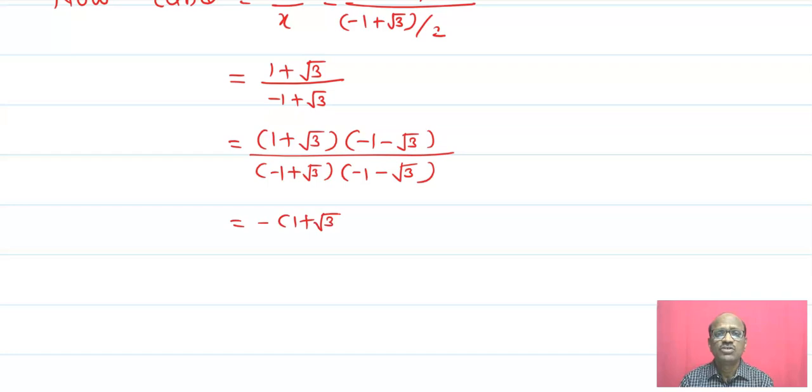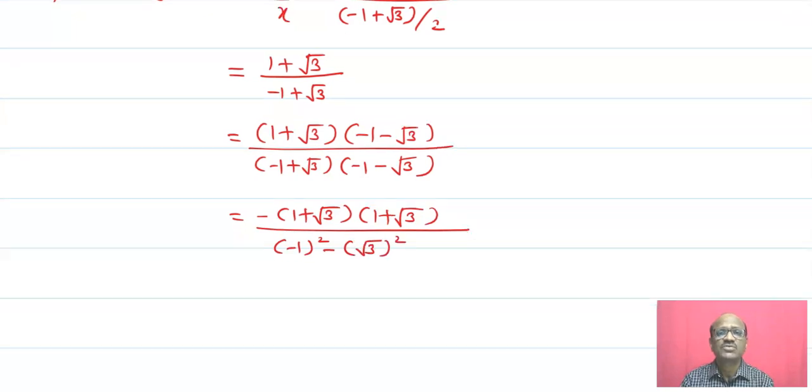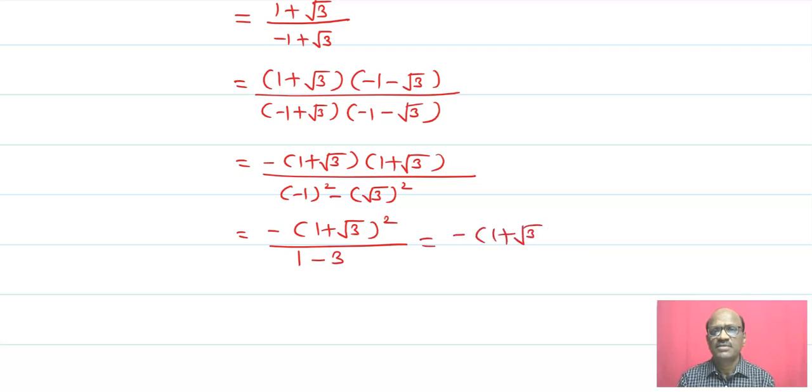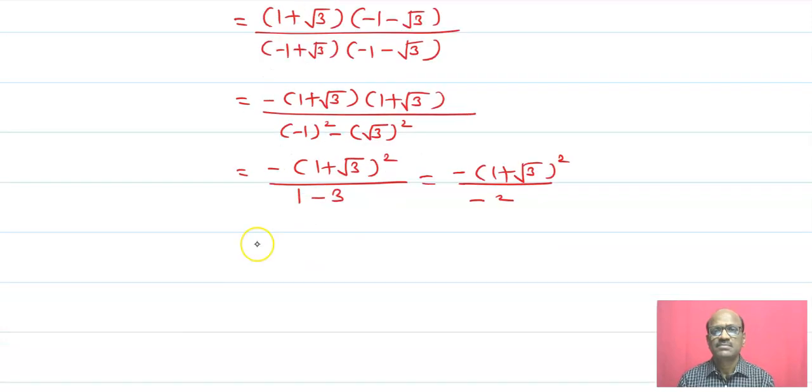Therefore, to the numerator normal multiplication, I have taken the minus sign from the second term, that is the minus in bracket 1 plus root 3 into 1 plus root 3, and to the denominator minus 1 square minus root 3 square, that is 1 minus 3 to the denominator. Now expand this. See this? Minus minus again becomes plus to the numerator and the denominator.